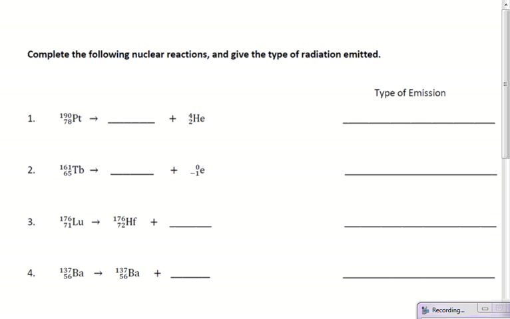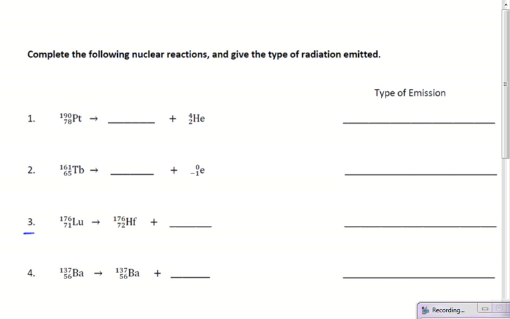On the back of this assignment, you have some practice, just like we saw in the notes. You're going to identify either the daughter nuclide that's being formed or the particle that's being released. So you see you have some of both. If there's just 2 different elements given, like on number 3 here, that's exactly like we did in the notes.